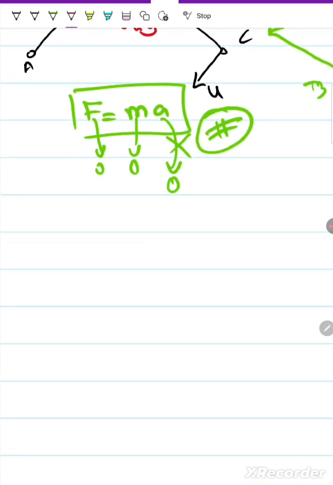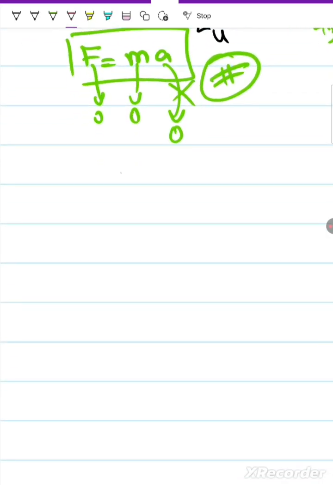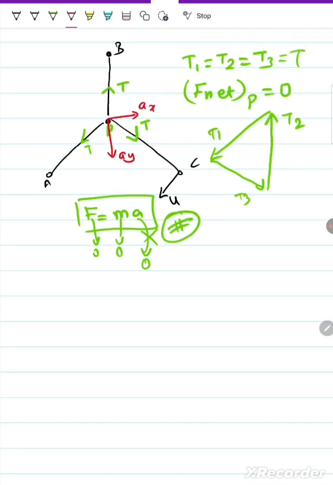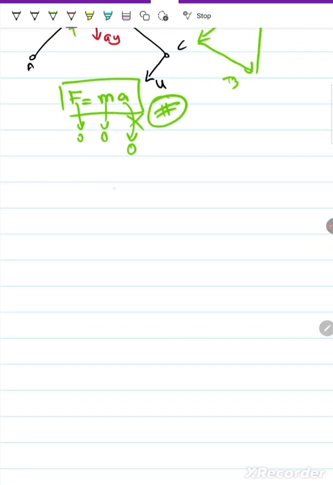Now assuming point P to be the frame of reference, we have to take pseudo forces. Pseudo forces will be opposite to the direction of the acceleration vector. This is our point P, this is point B. So the force on it will be 2m a_x in the negative x direction and 2m a_y in the negative y direction.